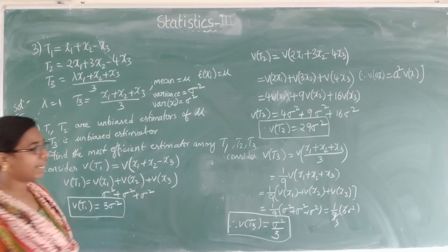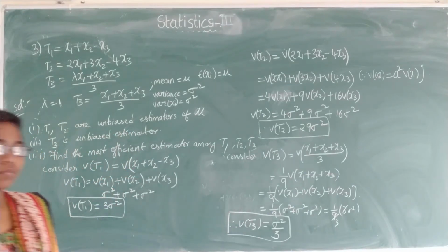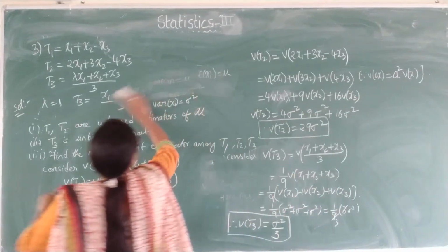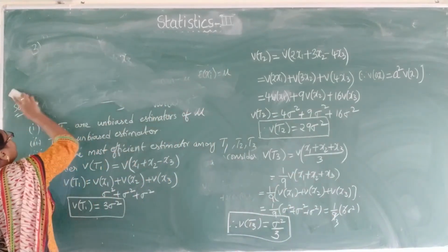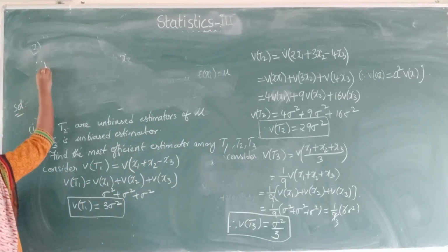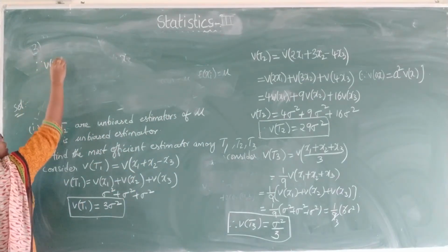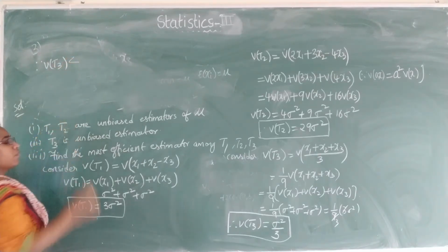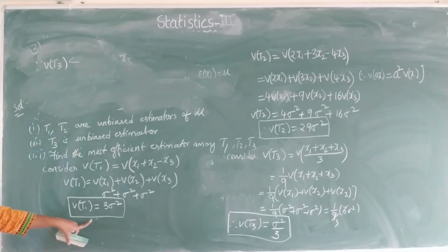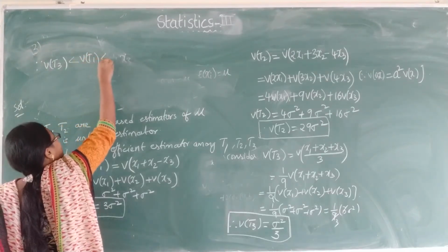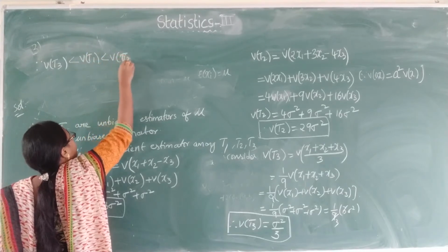So how do you write this one? Since variance of T3 is less than variance of T1, which is less than variance of T2.